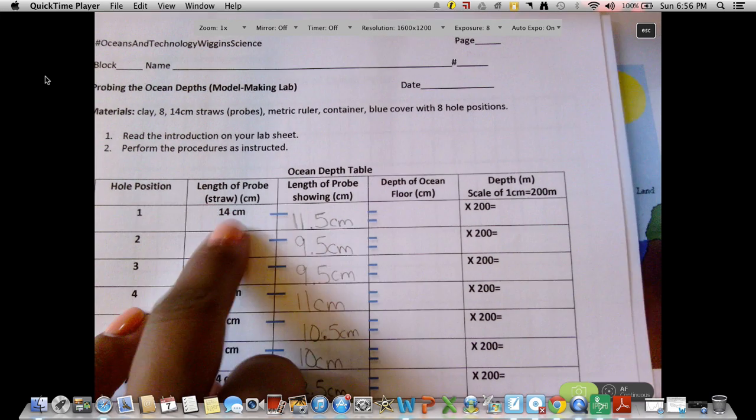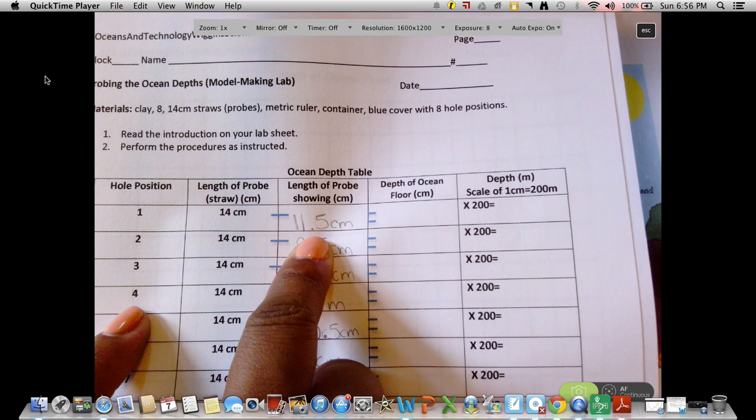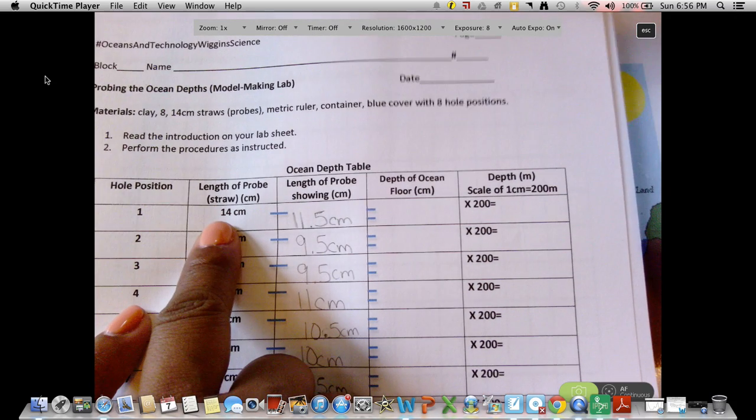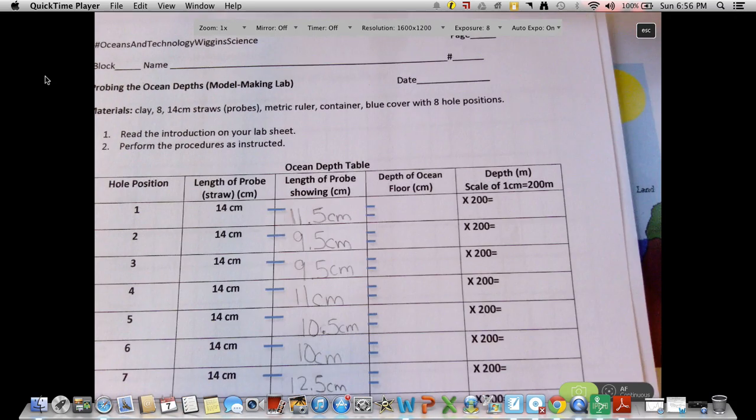So we need to take 11.5 centimeters and subtract it from 14 centimeters, so that we get the actual depth of our ocean floor. And again, that is what is under the blue top.